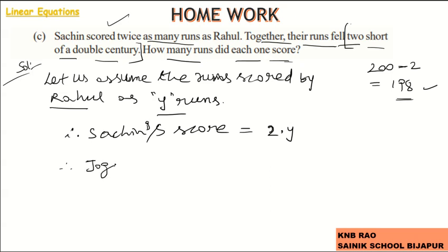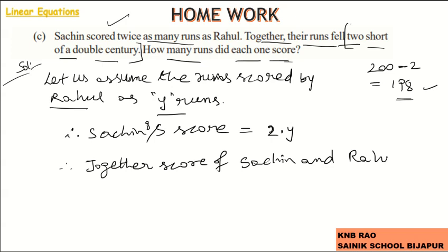Now, therefore, together score of Sachin and Rahul is 198 runs.